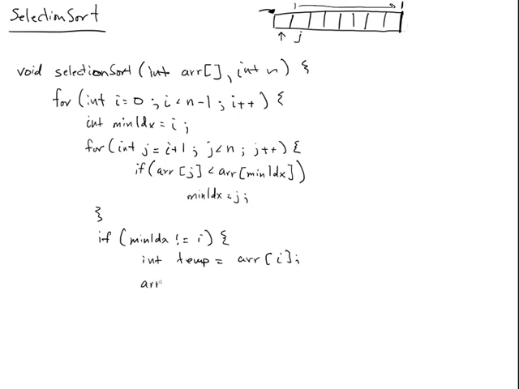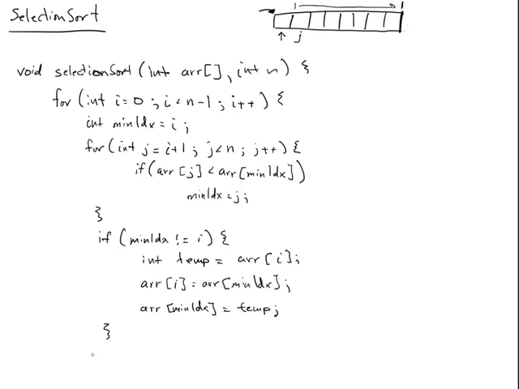Our array value at i equals the array at minIndex, and array at minIndex equals temp.